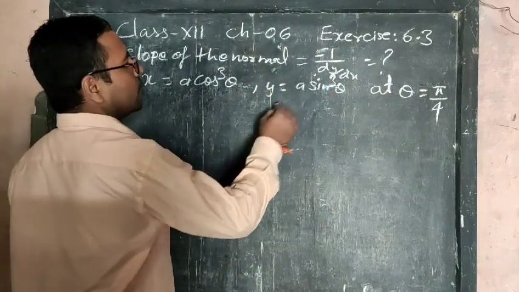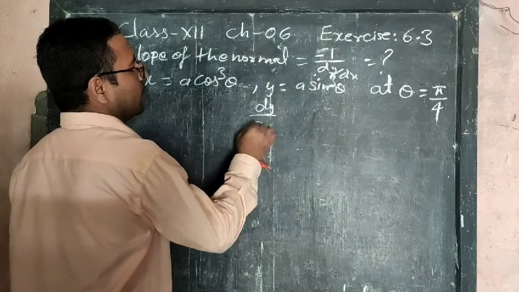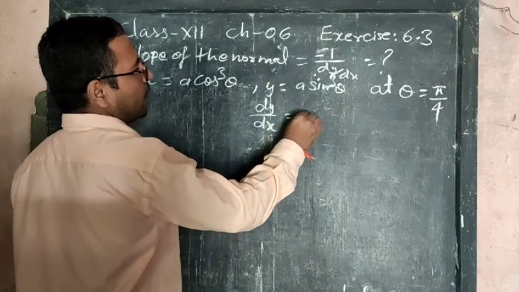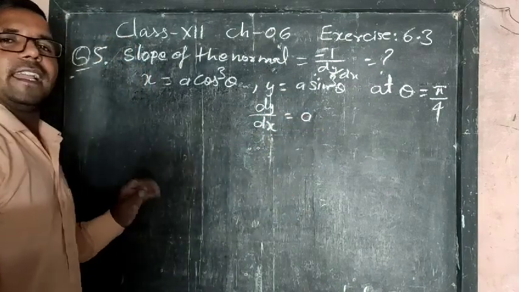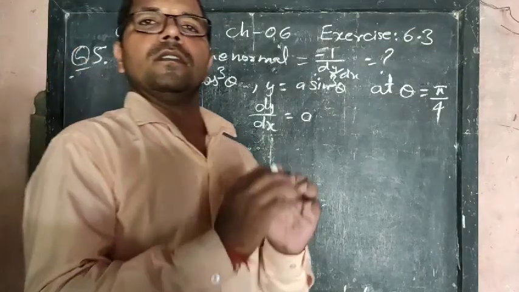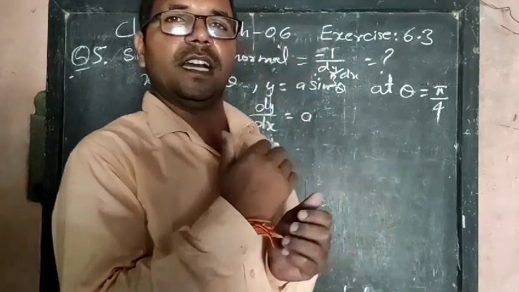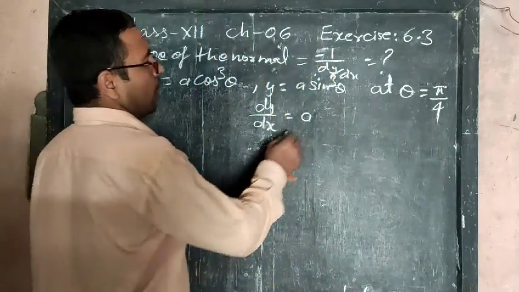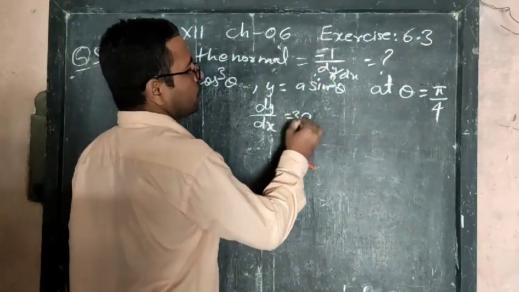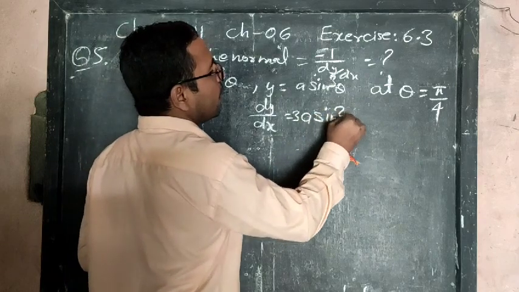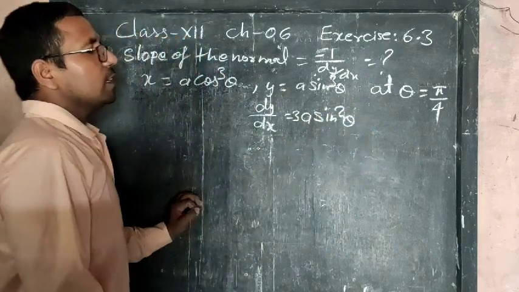Suppose we are differentiating this equation first. So dy by d theta, how much will you get? a is the constant, sin cube theta. Keep it as it is, theta to the power 3, so you will get 3 sin square theta.